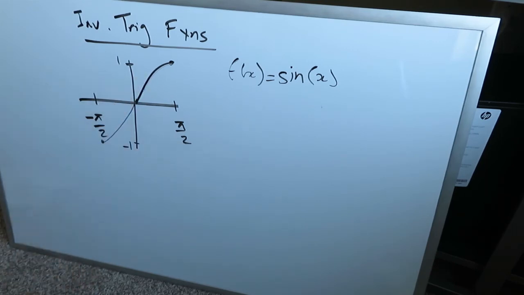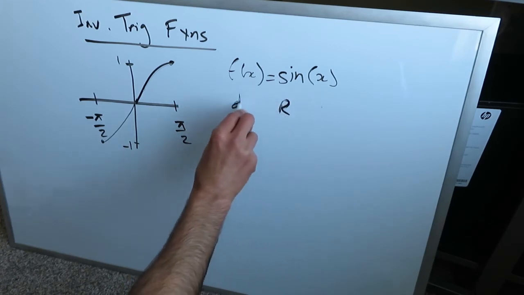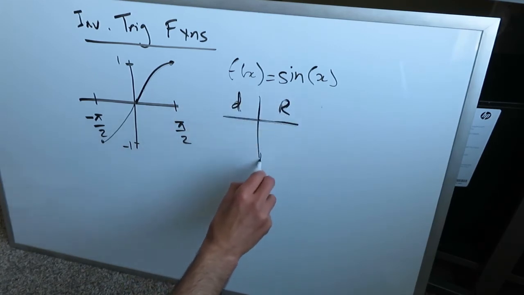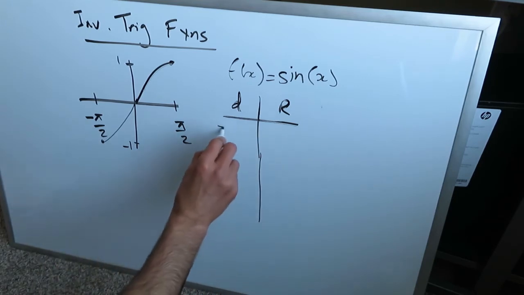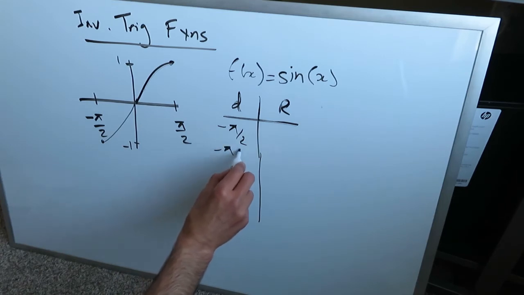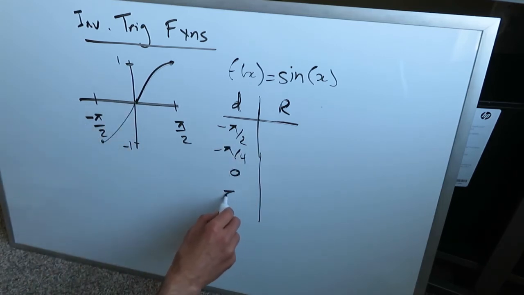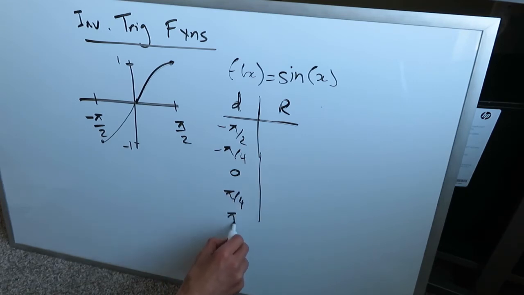If you look at possible table points, I'm going to put D over here for my domain and R for range. What are some of my points? One point can be minus pi over 2, which is minus 90. Another point can be minus pi over 4, which is minus 45. Another point can be right at the origin. Then likewise, we can have the positive versions of these same points.